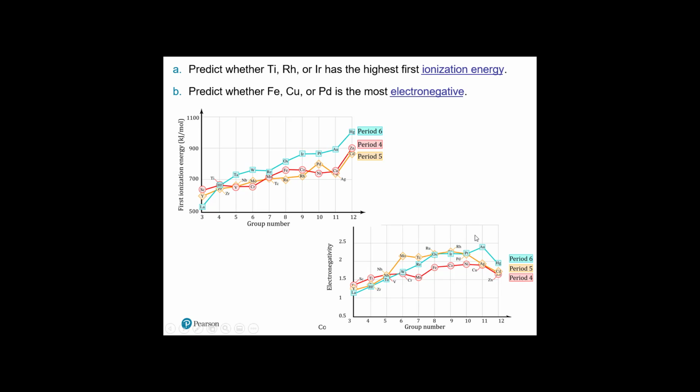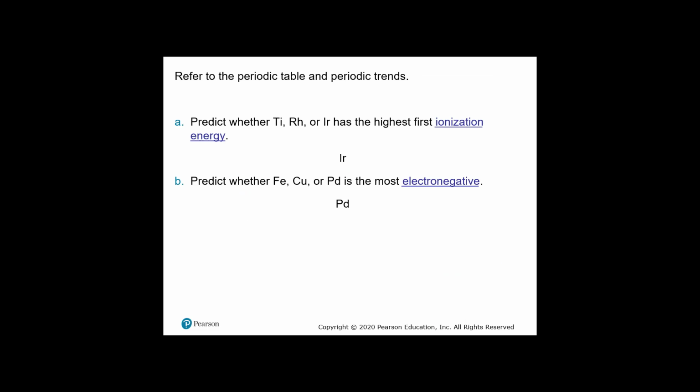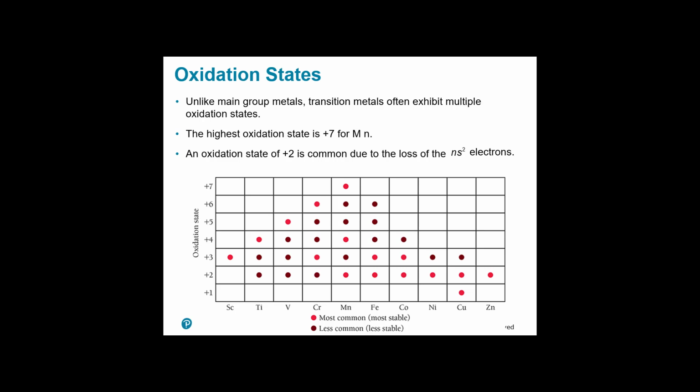So iron and copper are both period 4 transition metals, while palladium, right here, is a period 5 metal. So palladium is more electronegative than any of the period 4 transition metals, and that's what it shows here.